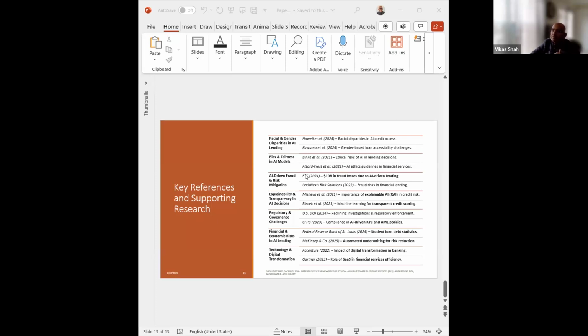And some of the data we received from industry data providers: FTC, LexisNexis, and CFPB. So those are the data we received, within the specific region, on what kind of fraud and what kind of ethical issues we are following. So those are our key references. Any questions?